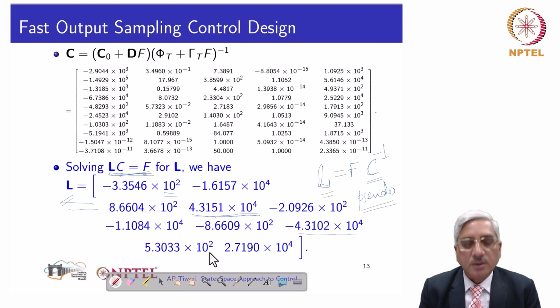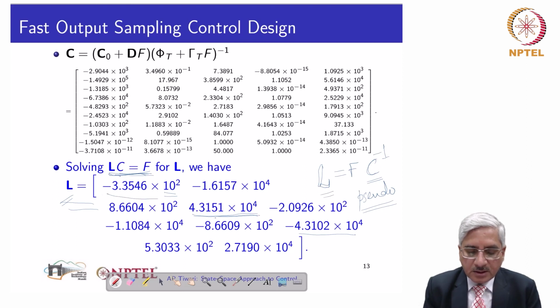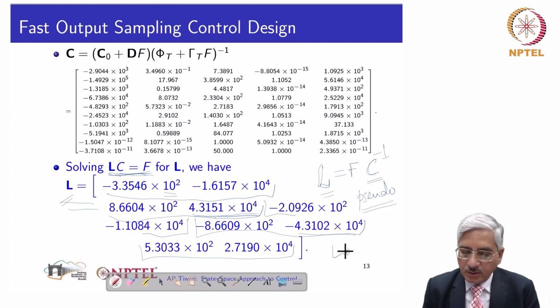And so this is the value of L. This is L0, this is L1, this is L2, these two are L3, and this is L4. L0, L1, L2, L3, L4.